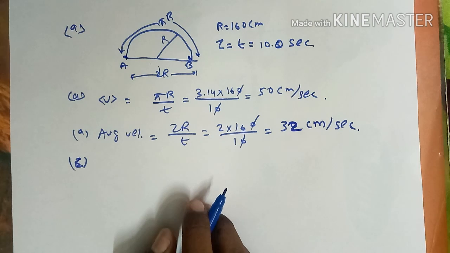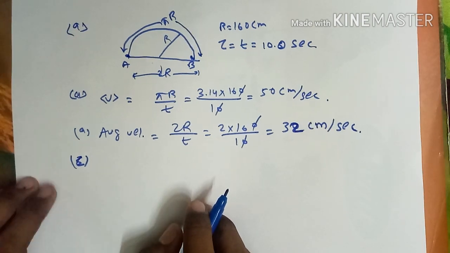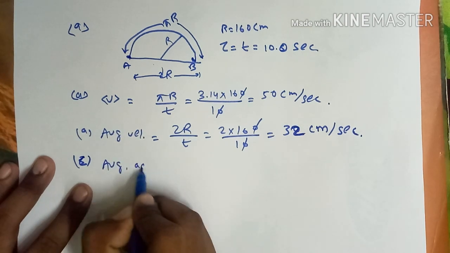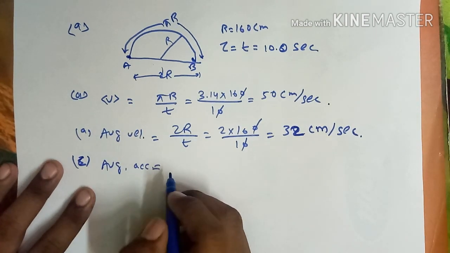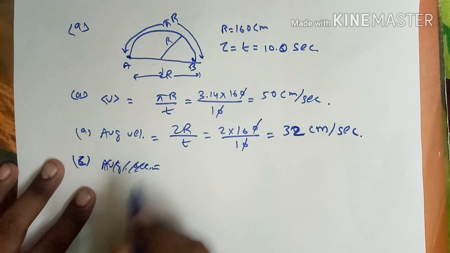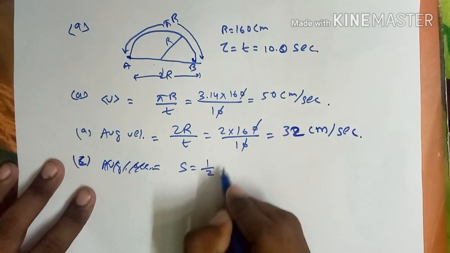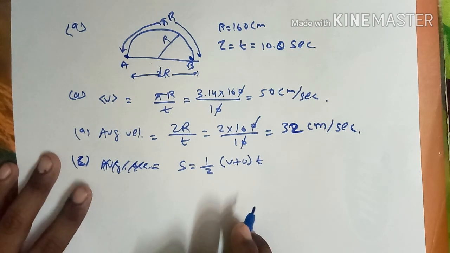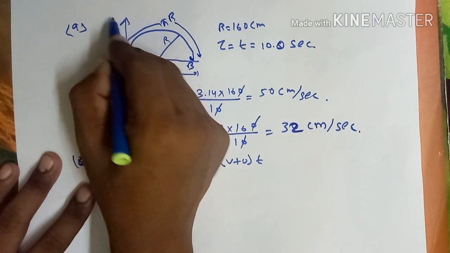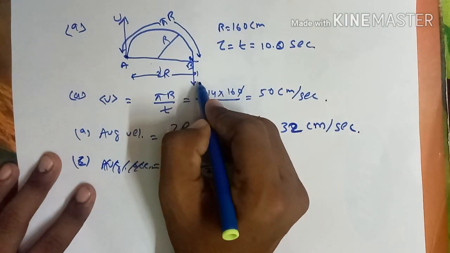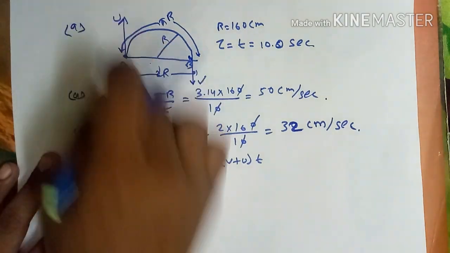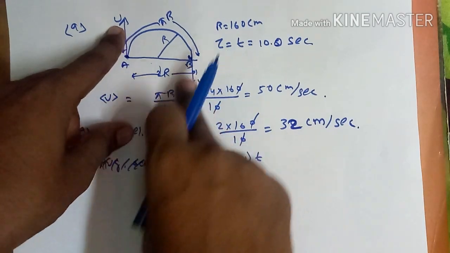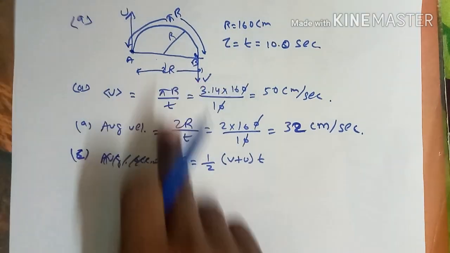And the third part of the question, calculate the average acceleration. For this, we know the formula s equals half (v plus u) t, where u is the initial velocity and v is the final velocity.